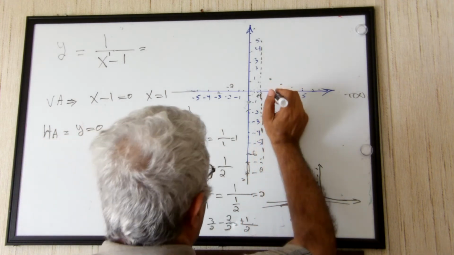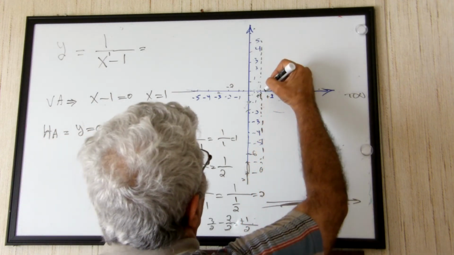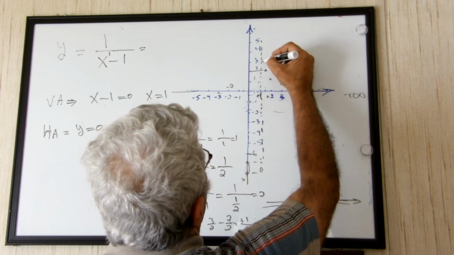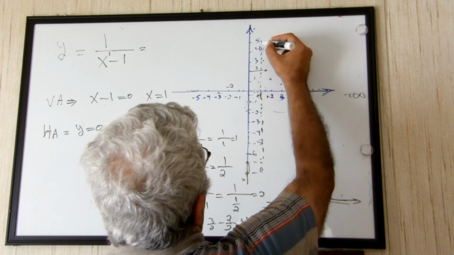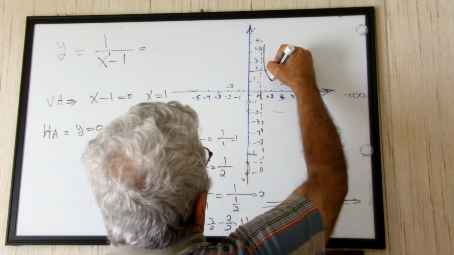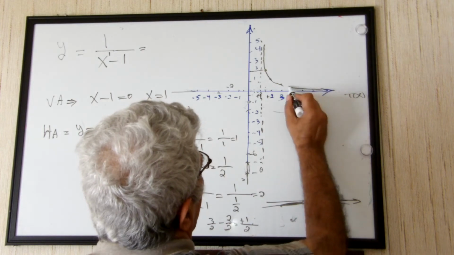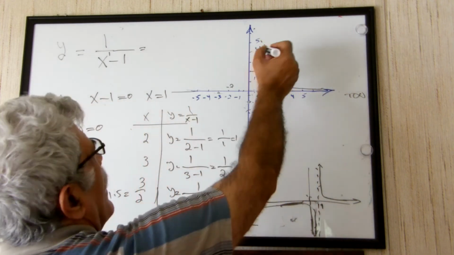So at x equals 1.5, y is going to be 2. It's going to be here, and also the same thing, it's going to get larger and larger, and on this side smaller and smaller.